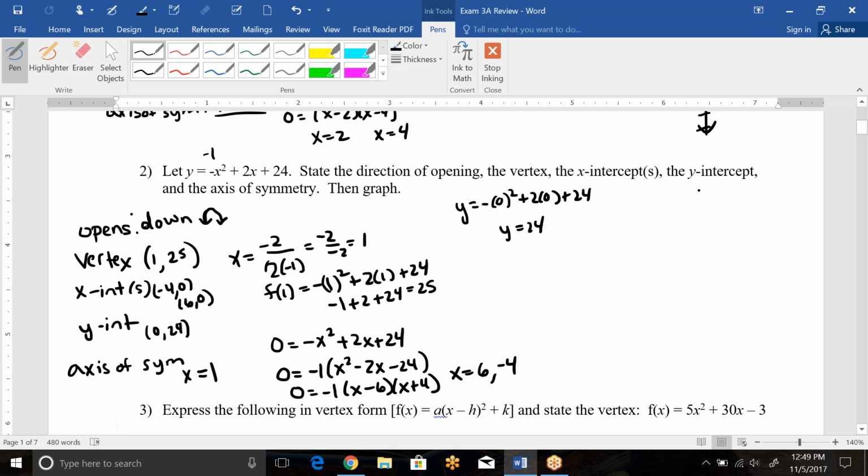So when we go to plot this, I'm going to have to count by something bigger than ones here, so I'm going to make a notation of what I'm counting by. I'm going to count by 2's on both my x and my y axis. So this would be 2, 4, 6, 8, 10, 12, 14, 16, 18, 20, 22, 24.